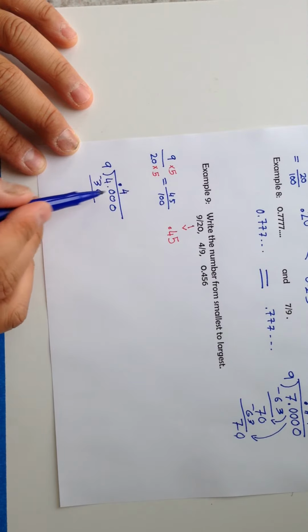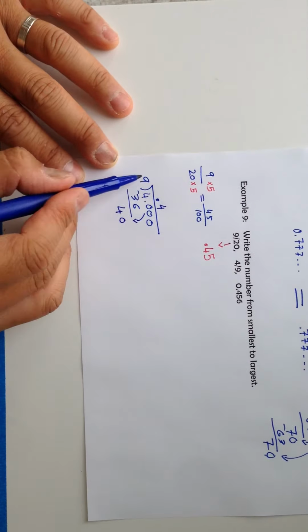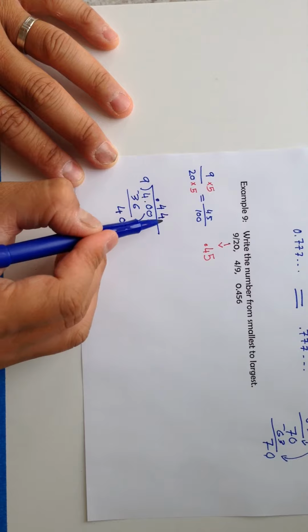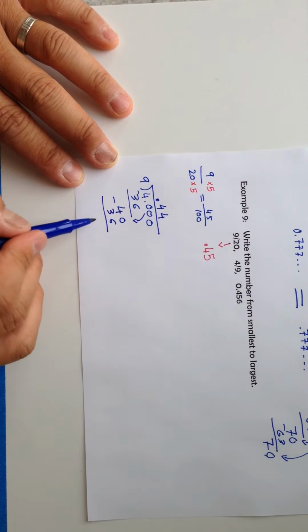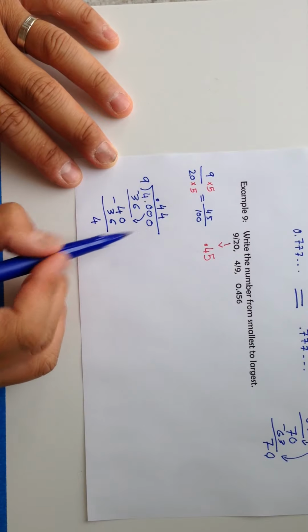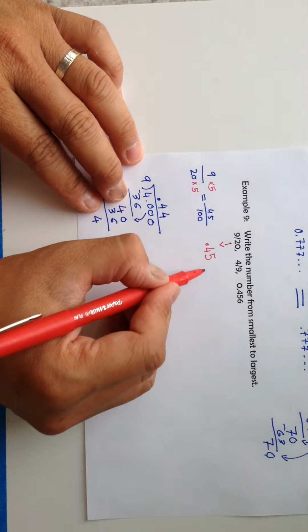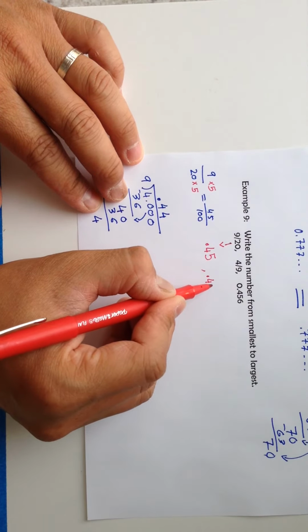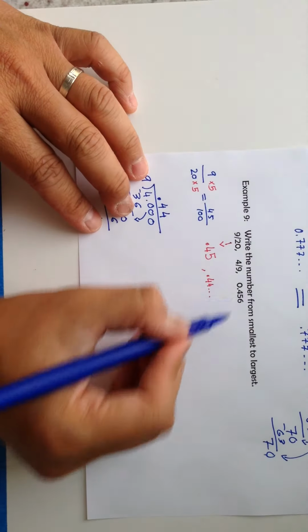Subtract, you have a remainder of 4. Bring down the next 0. 9 goes into 40 4 times again. 4 times 9 is 36. Subtract, you have a remainder of 4. And notice that the pattern is going to continue. So 4/9 is really 0.44 repeated.